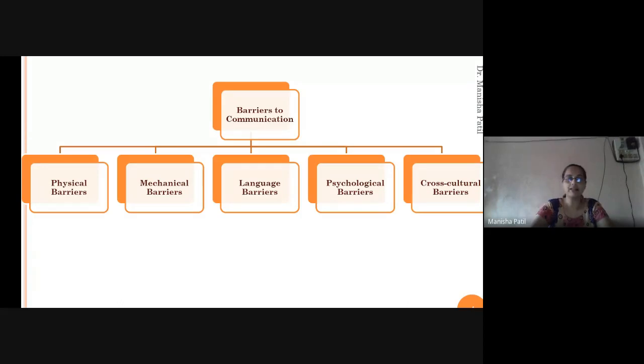There are 5 types of barriers: physical barriers, mechanical barriers, language barriers, psychological barriers, and cross-cultural barriers. First, we will see physical barriers. First one is noise.